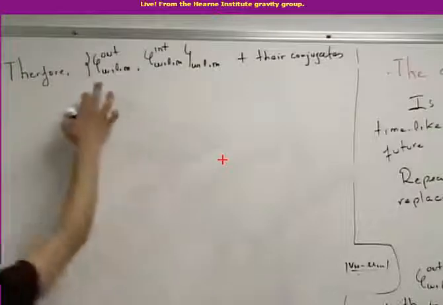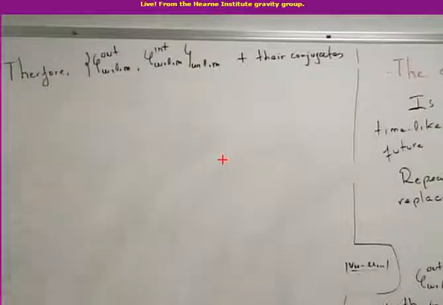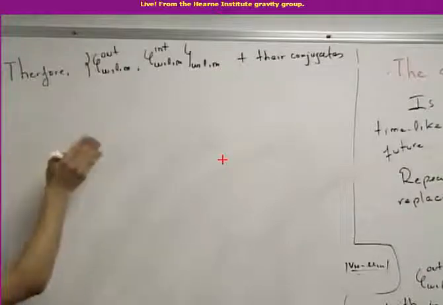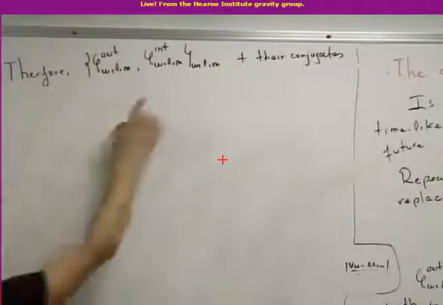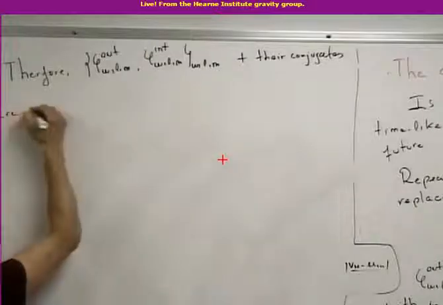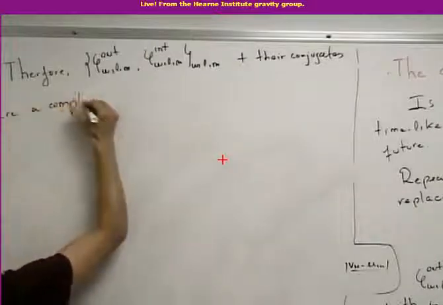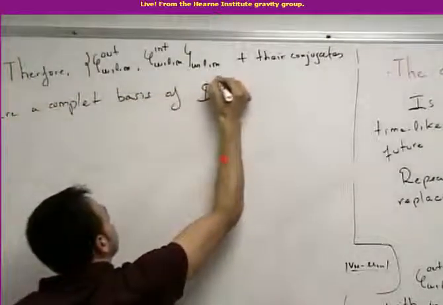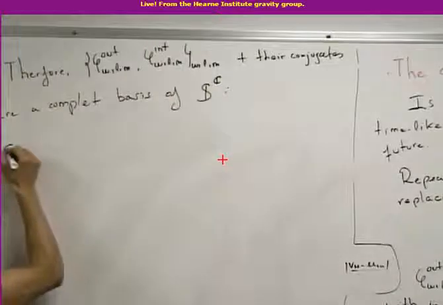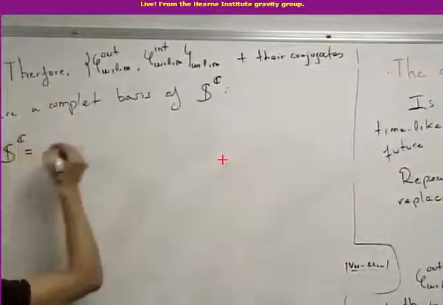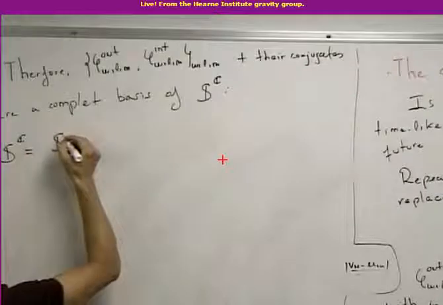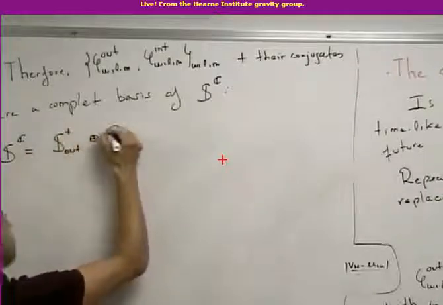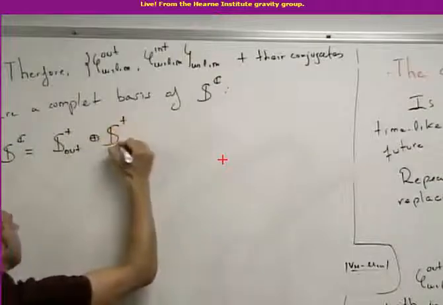So the out modes, which are outgoing waves at future infinity, and the in modes, together with their conjugates, are now a complete basis of the space of solutions. As we described in detail in chapter 4, they provide a natural splitting of the space of solutions into positive and negative frequency modes.